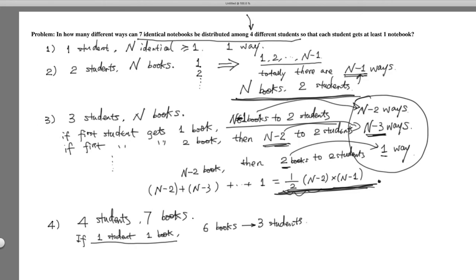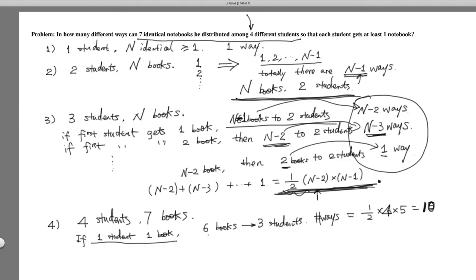And because of case 3, we know that this is the total number of ways for n equals 6. So this total number of ways is going to equal half times 6 minus 2, 6 minus 1, so 4 times 5, equal 10 ways.